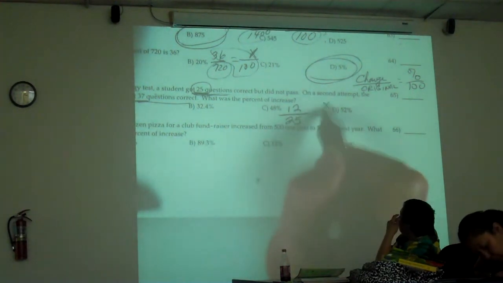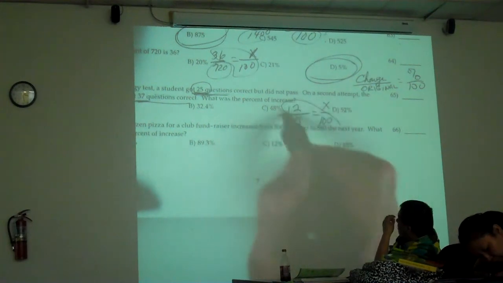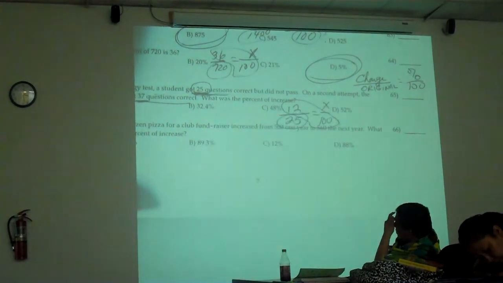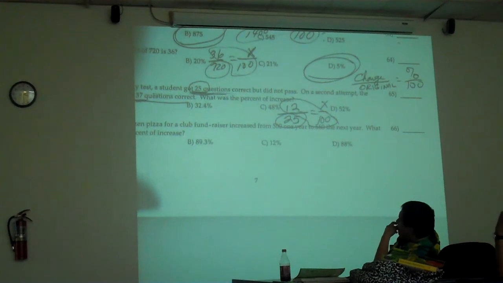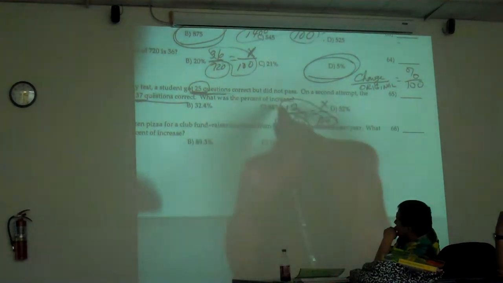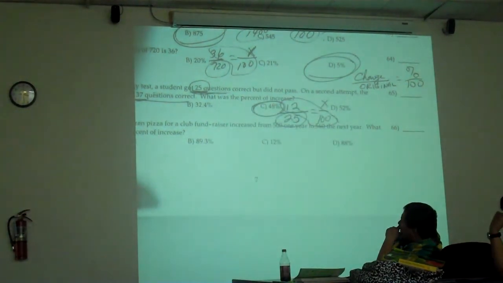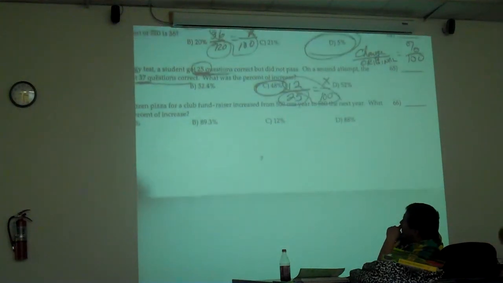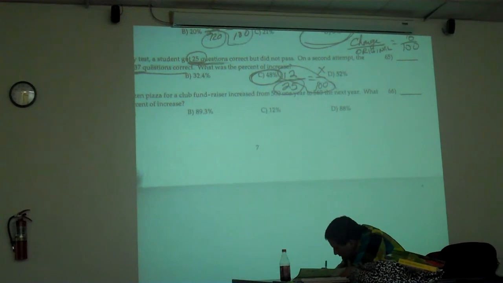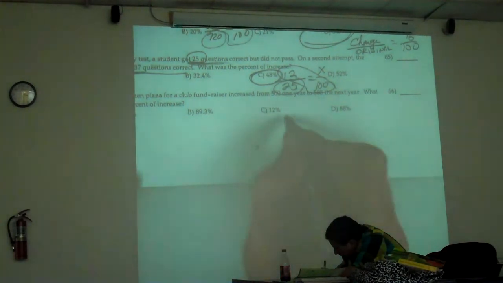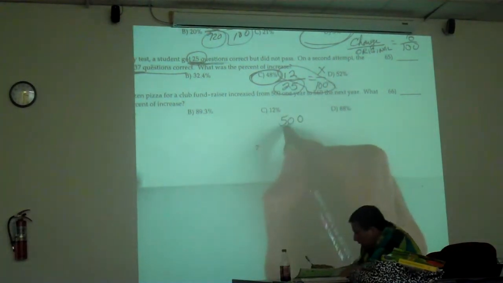Okay, that's percent over 100. So 100 times 12 divided by 25. Times 12, that was the difference. How much did it change by? 48. Changed by 48%. Okay, on the next one, sales of frozen pizza for a club fundraiser increased from 500 to 560.